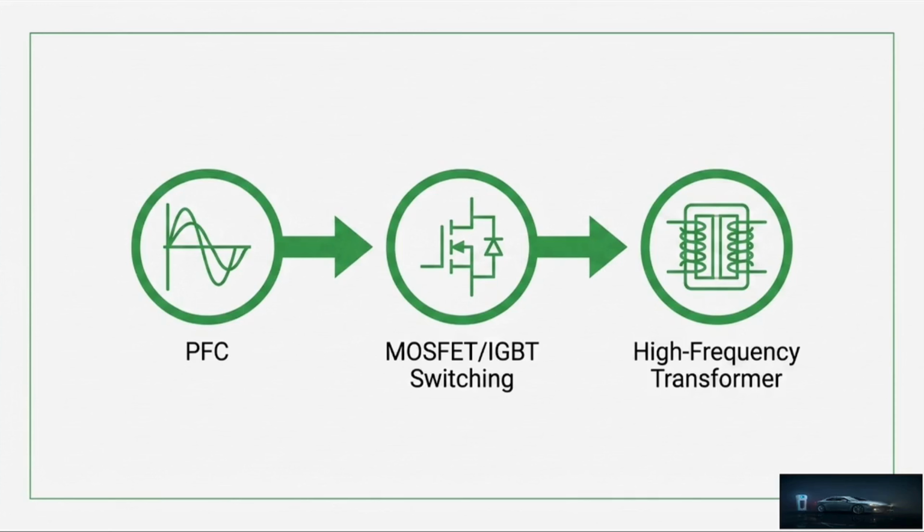So moving ahead, what does PFC do? This power factor correction. The main job of PFC is to teach the charger to drink the electricity smoothly from the wall socket that is coming from the grid.